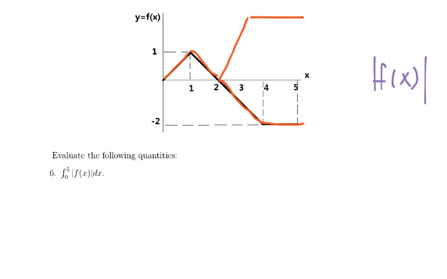Alright, so we're going to evaluate this area. So everything here is positive. So we can actually split this area into 3 different pieces. The first part is this triangle, and maybe I didn't have a very accurate drawing here.